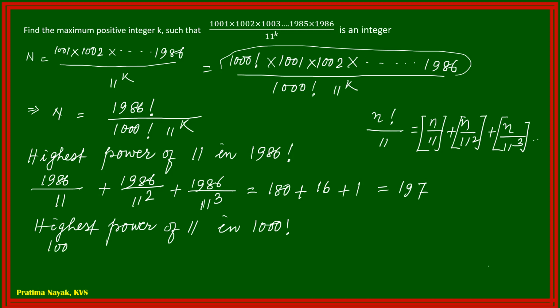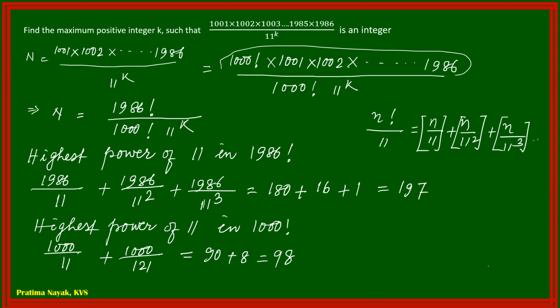So 1000 over 11 plus 1000 over 121, and not more than that, because 1331 is greater than 1000, so then it will be 0. If you divide this, it will be 90 plus 8, this will be 98.